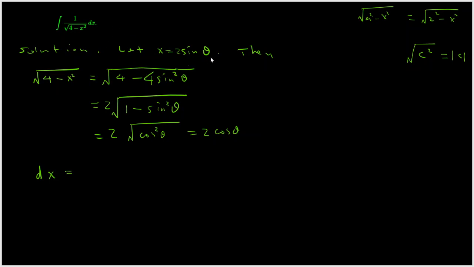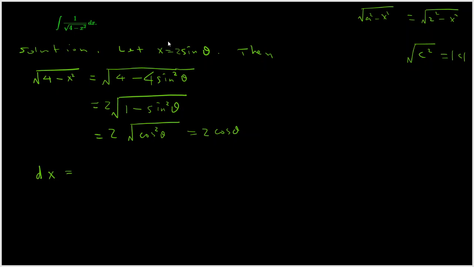Just remember it's a different type. In the old days, the substitution we used was to set u to be a function of x. This time, we set x to be a function of another variable. In this case, we use theta, because theta is a commonly used notation for angles. Still, you have to compute dx.